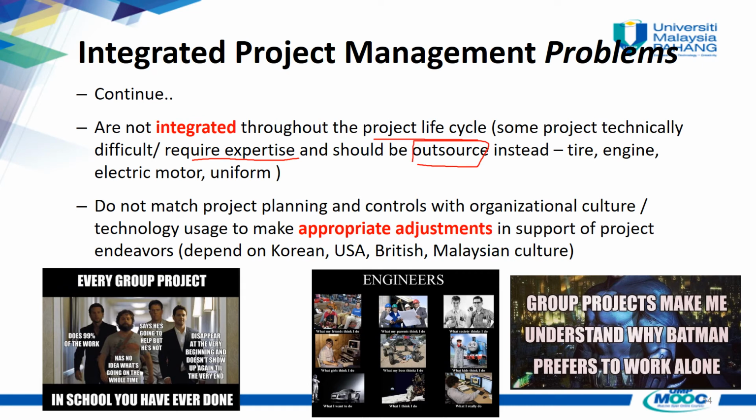For example, Proton and Perodua will never manufacture their own tire, but give it to other manufacturers like Dunlop. The rim they give to other companies, and they just focus maybe on the engine.